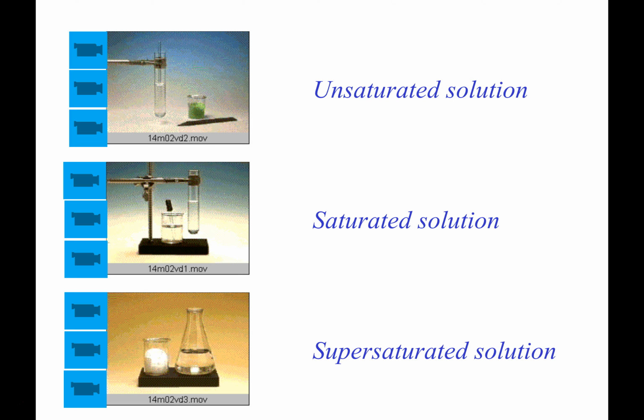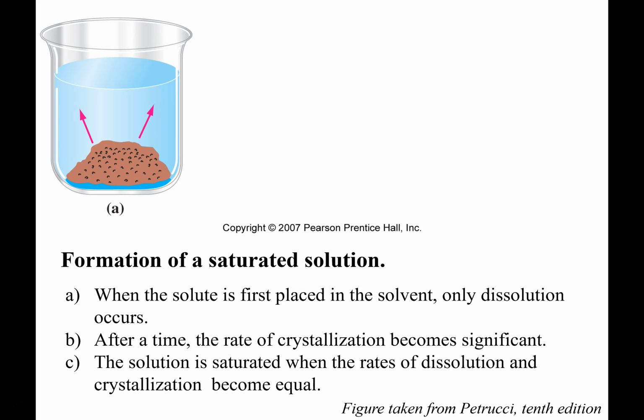I'm just going to go right to the supersaturated. What does that look like? We've done this before. From left to right, you kind of have time going on. Freshly, if we put your solute in the bottom of your beaker, we have that dissolving process.